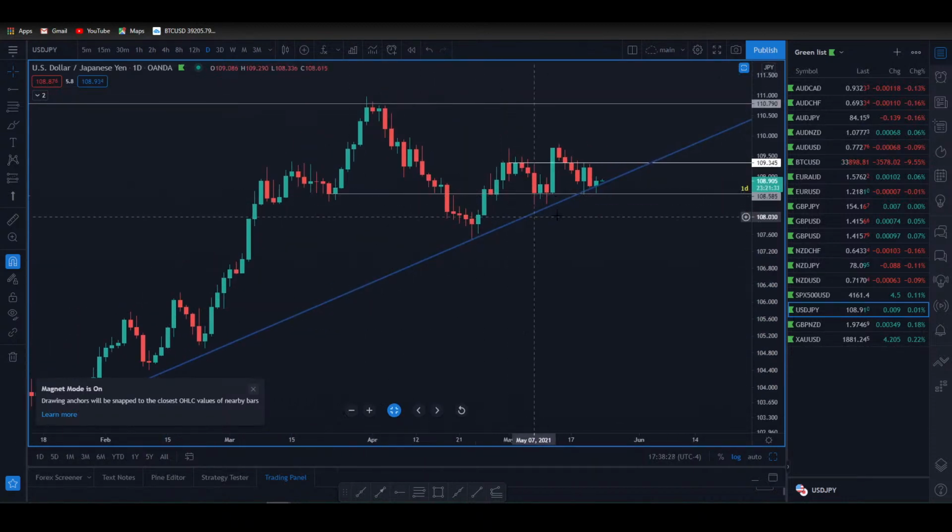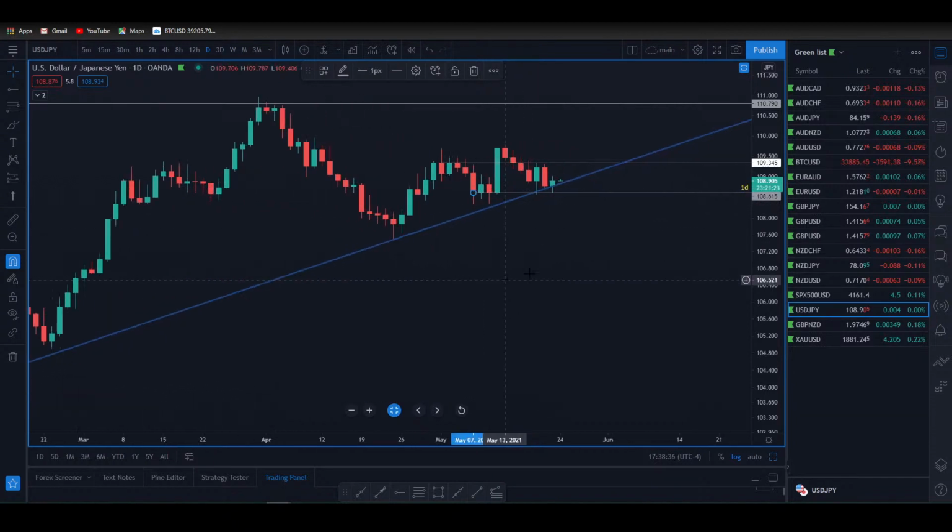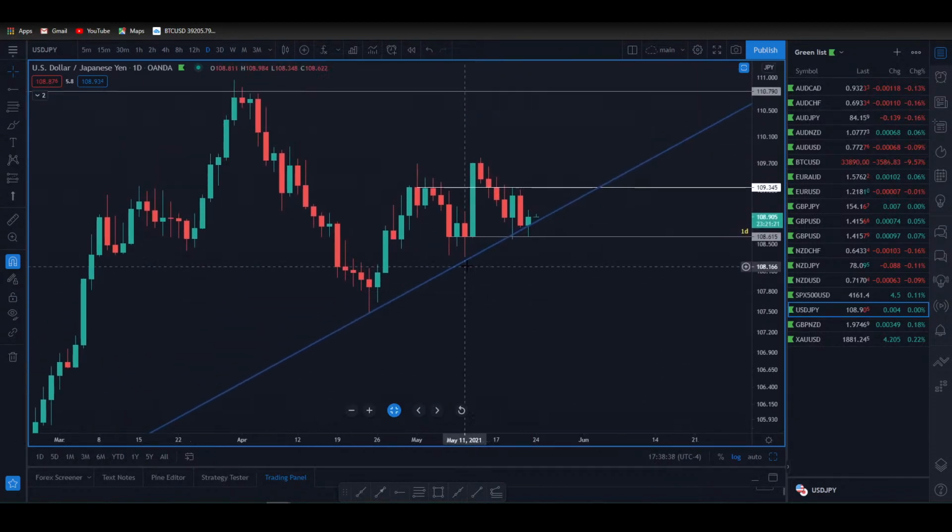You do have daily support. Let's get it off of this one, as it's still valid support because this bearish candle right here was the last day that it closed at that price. So that makes it still a valid level of support. You did get a test of that on Friday and you traded back higher, but there's a lot of resistance to get through. This bounce right here was sold all the way back down to resistance. That's not something you want to see on a bullish asset.